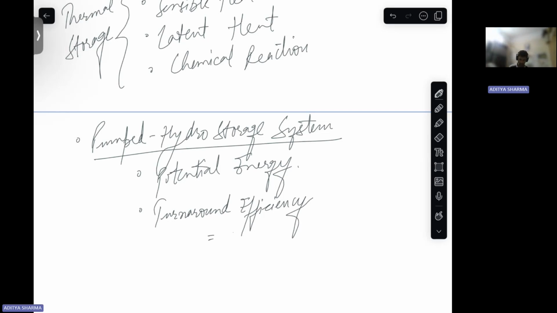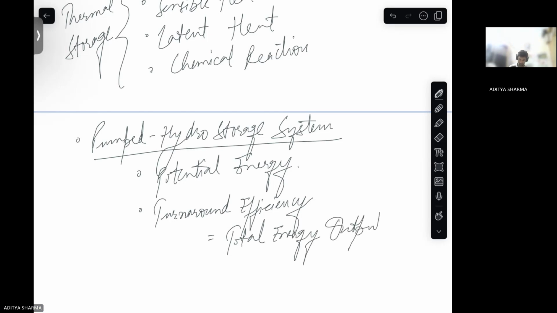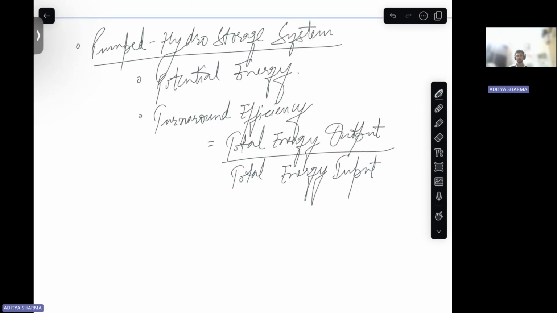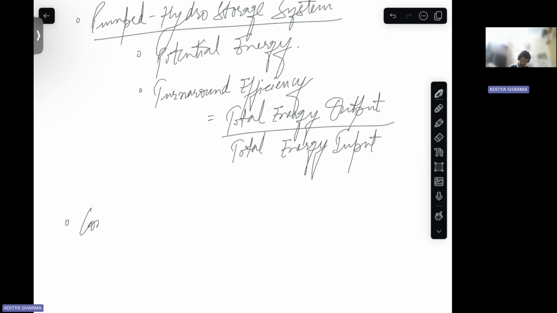Turnaround efficiency is nothing but your total energy output divided by total energy input. So this is basically your turnaround efficiency. Then is your compressed air storage system.